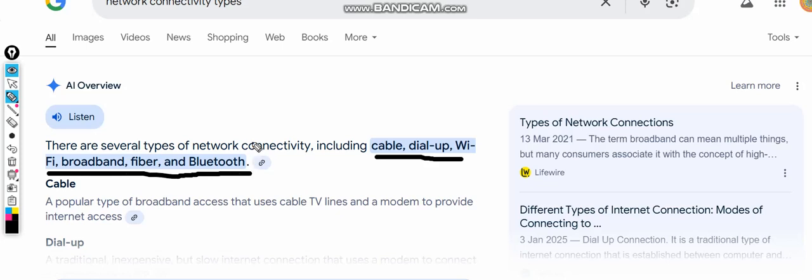Network connectivity is nothing but the thing which connects two different networks. I can use a cable, dial-up modem, Wi-Fi, broadband, fiber or Bluetooth to connect different networks. So this is called network connectivity.